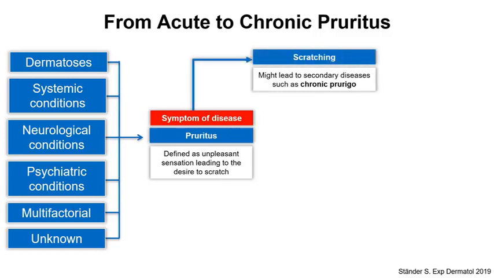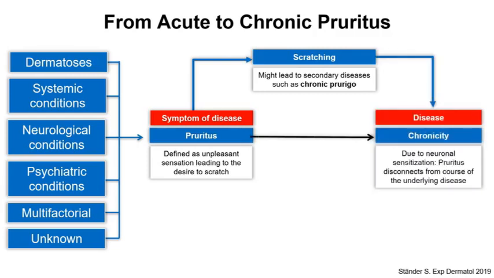This leads to scratching, and scratching itself can induce several other diseases, such as chronic prurigo. And scratching dependent or independent, a state of chronicity may evolve, where sensitization processes in the nervous system start, and we will take a look at this later, what it means.